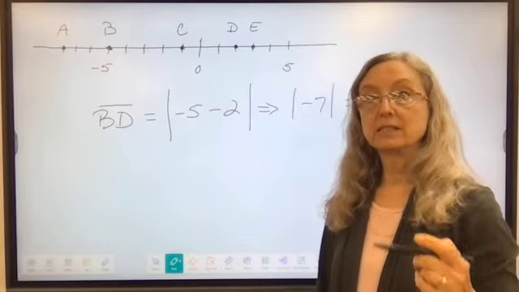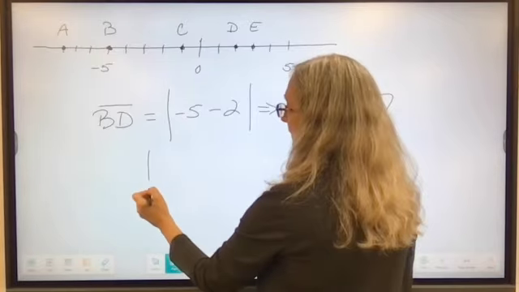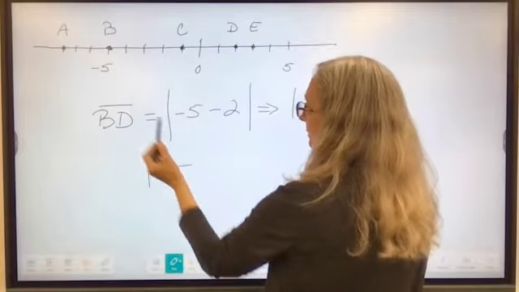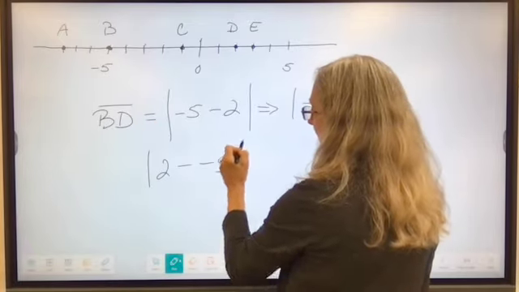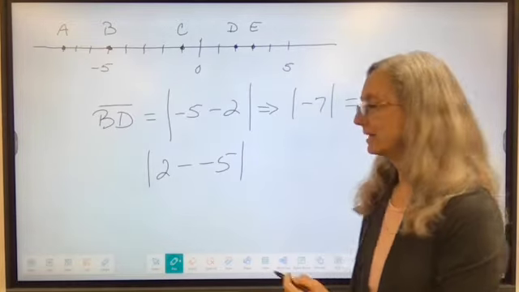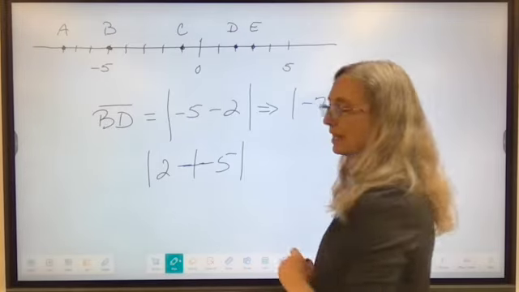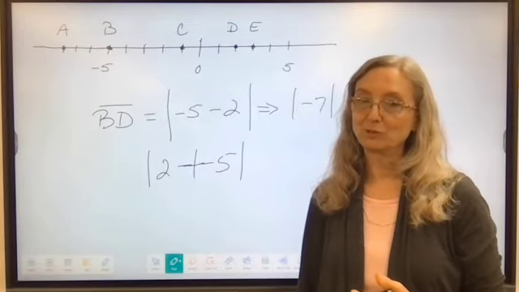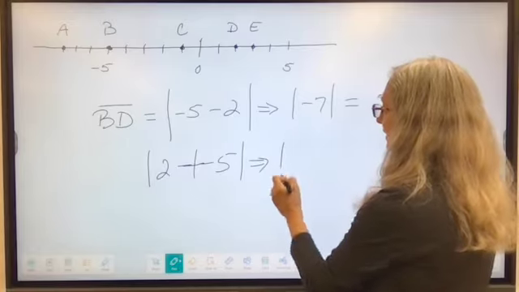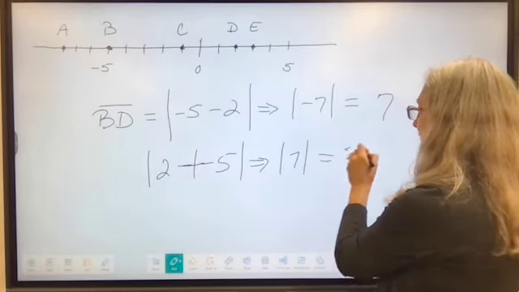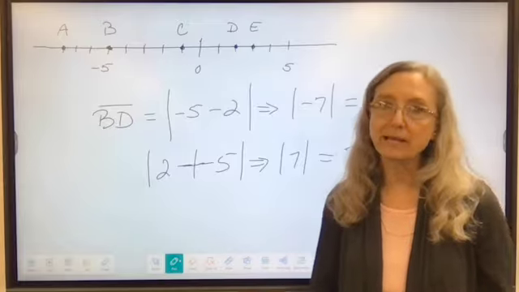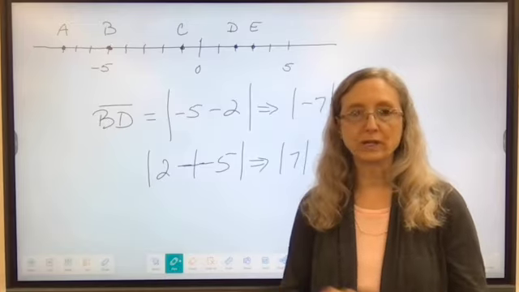Let's try that, because D is 2. So I went 2 minus, and B is -5. Remember, if we subtract a negative, it's the opposite of a negative. It becomes a positive. 2 negatives make a positive in this case. 2 plus 5 equals 7, and the absolute value of 7 is just 7. So you get the same answer. It doesn't matter which direction you go.